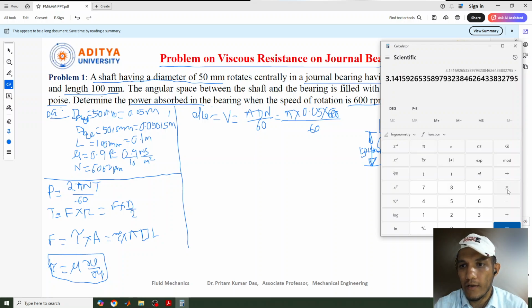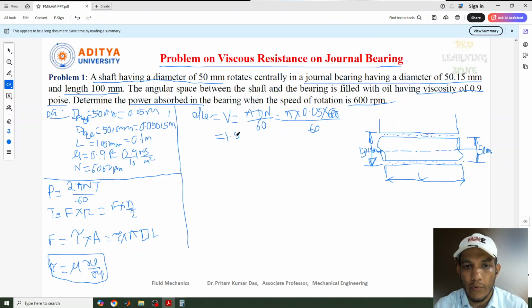Pi value given, into 0.05 into 600, divided by 60. So this is 1.57. Obviously this will be in meter per second. So now this is the velocity.